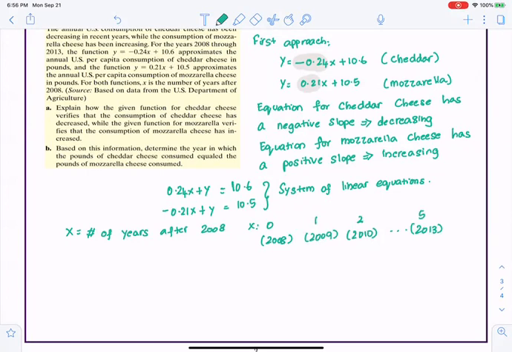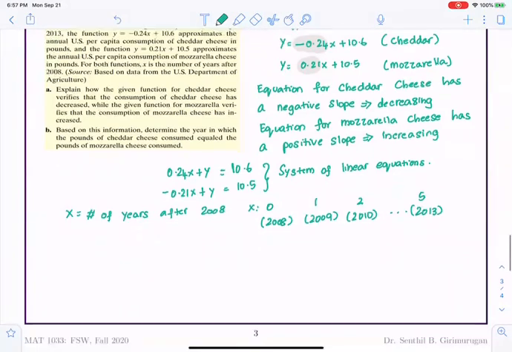So we just have to solve for x, and that is exactly what we're trying to do. But if you look at the question, it says determine the year in which the pounds of cheddar cheese consumed equal the pounds of mozzarella cheese consumed.